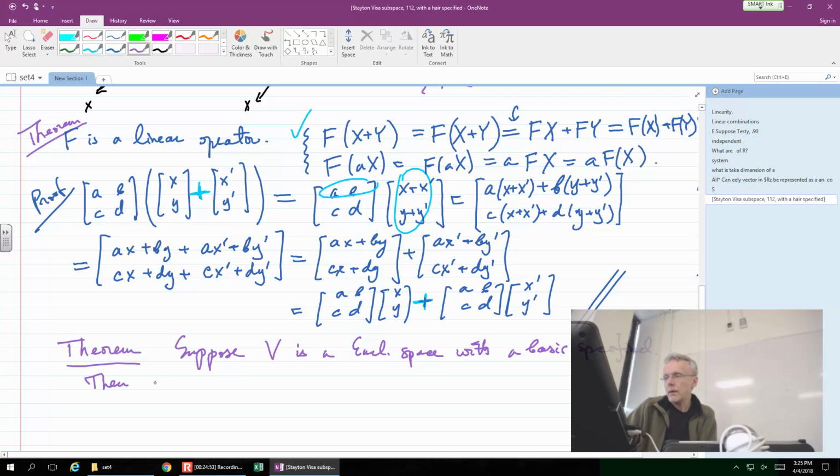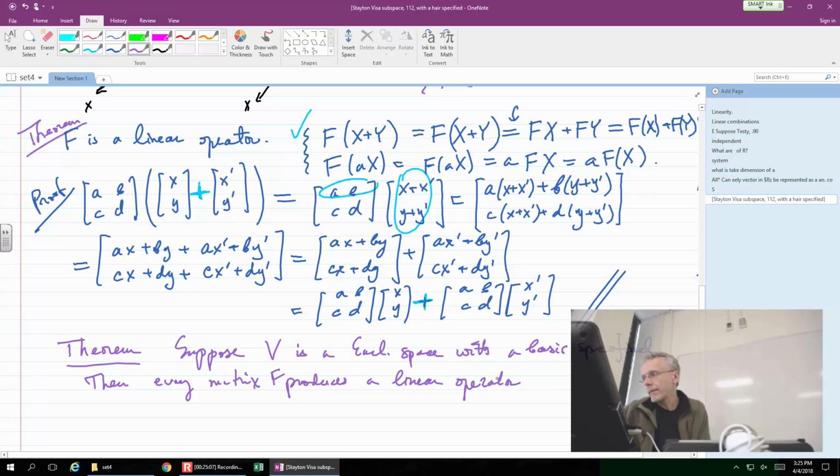Then every matrix F produces a linear operator the way I have specified. So f of x is equal to Fx. Okay? So every matrix is in fact a linear operator by this formula.